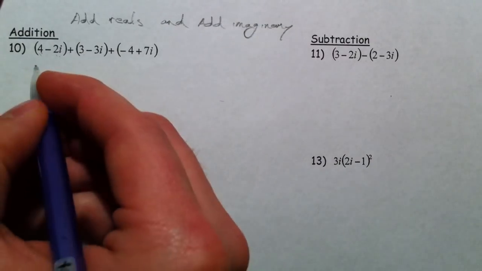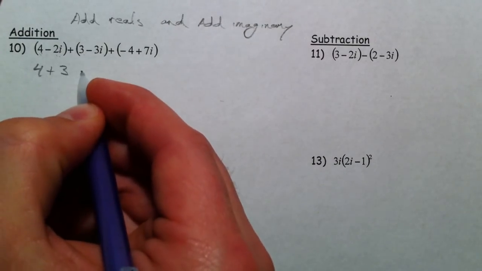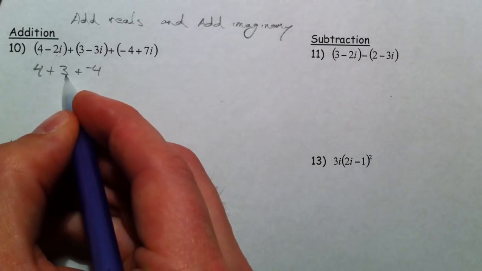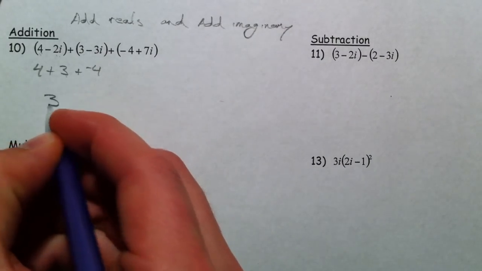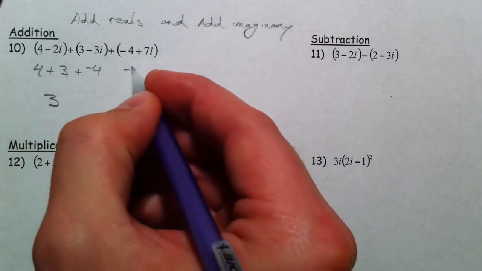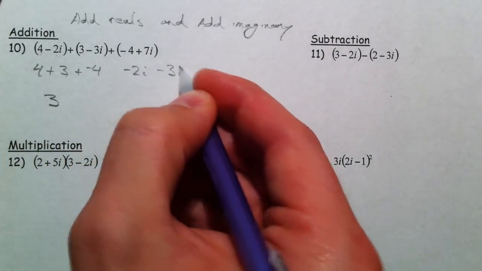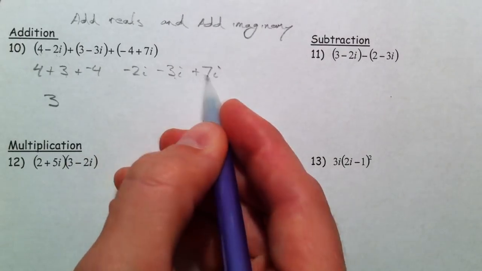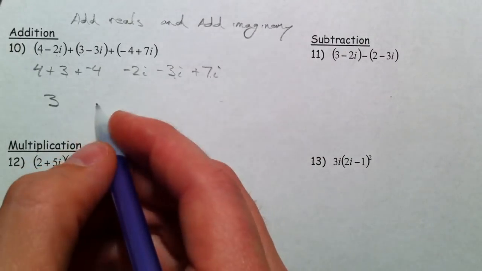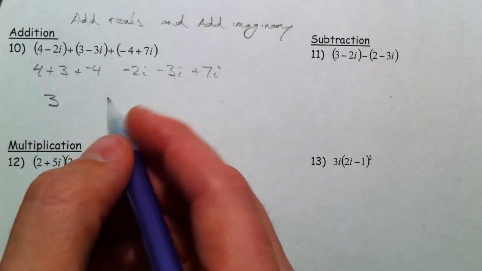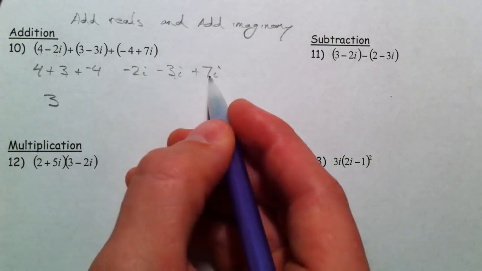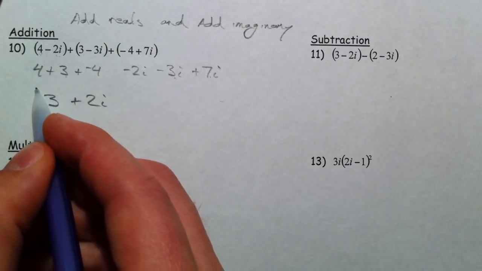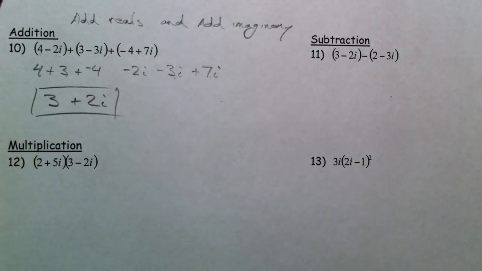So 4 plus 3 plus a negative 4 equals 7 minus 4, or just 3, and negative 2i minus 3i plus 7i. So that's negative 5i plus 7i. Let's try that again. Negative 5 plus 7 is 2i. And that's where we're at there. 3 plus 2i.